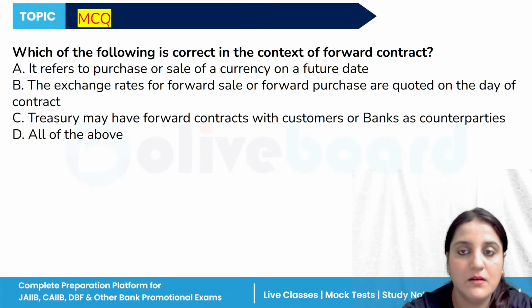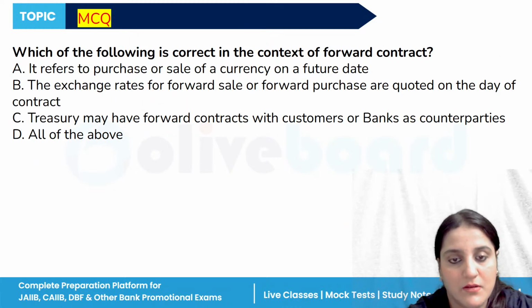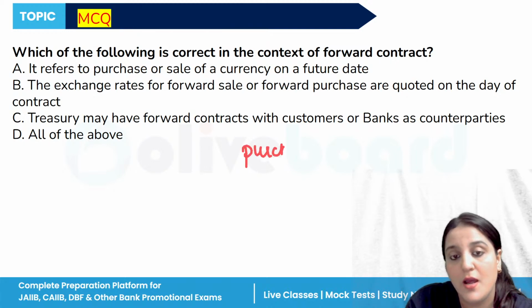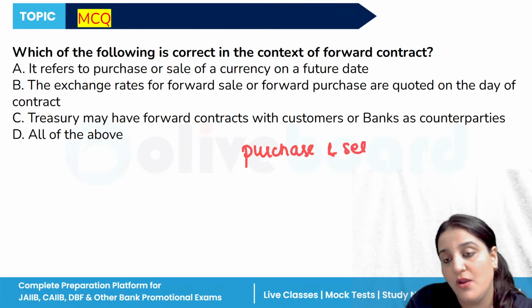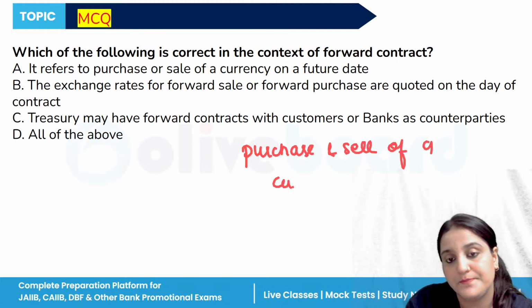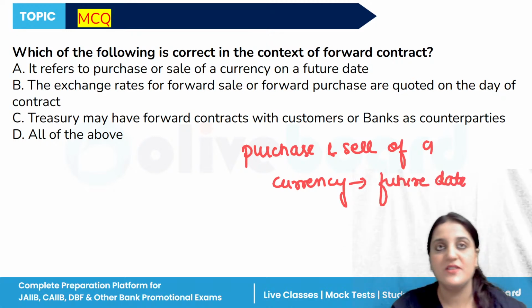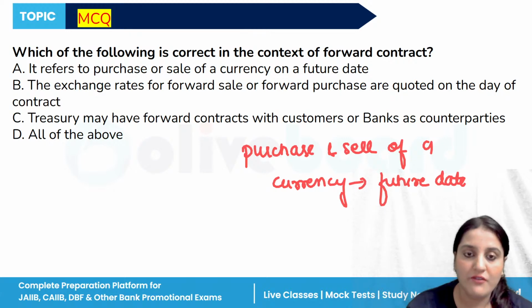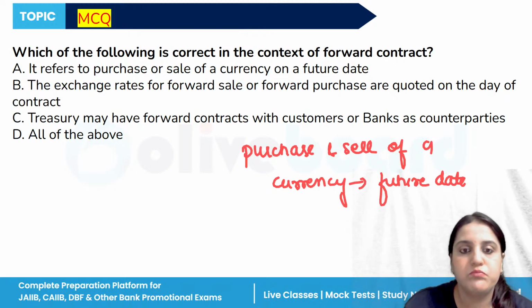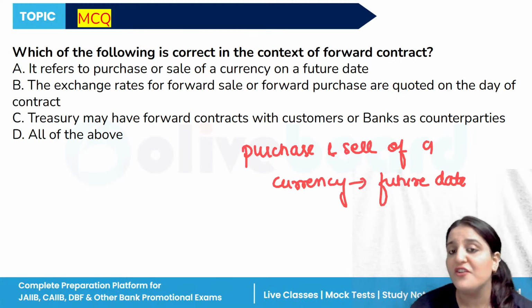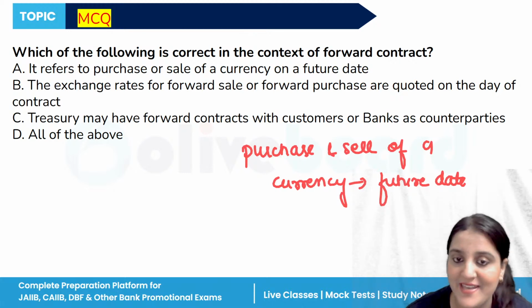Now tell which statement is correct in the context of a forward contract. A forward contract, we know, refers to the purchase and sale of a currency on a future date, and the exchange rates for the forward sale or forward purchase are quoted today, hence these transactions are referred to as forward contracts between the buyer and seller.